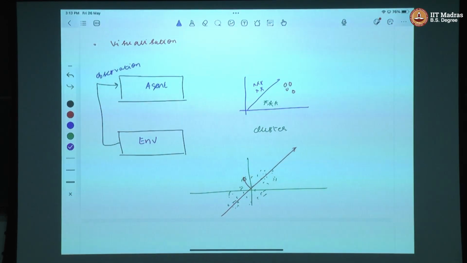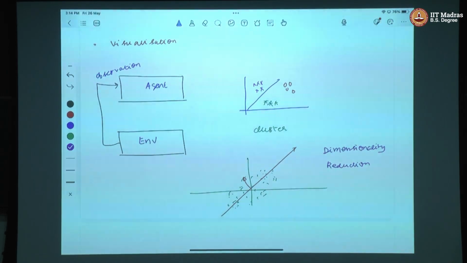So something like dimensionality reduction. What the agent does is it observes, takes the data, creates its own summarization of the data, visualizes the data, and manipulates the data, but does not convert it into decisions.